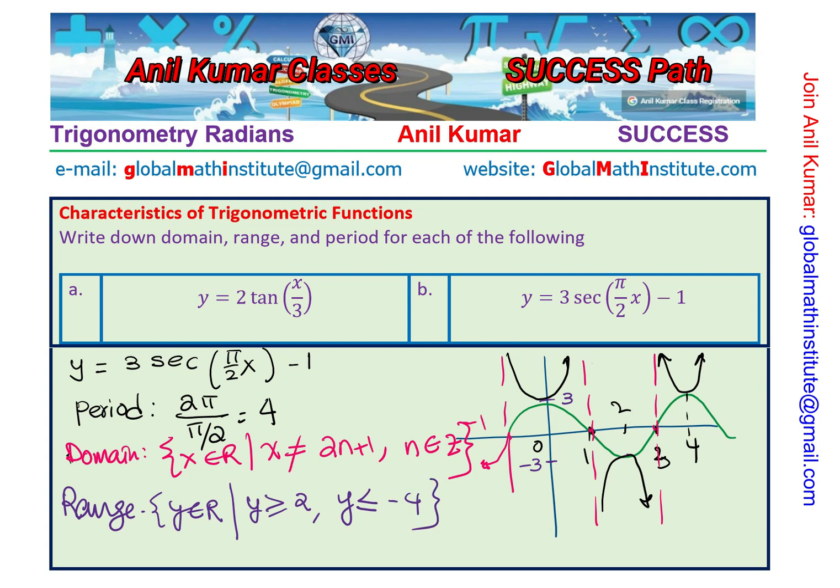So if you translate this 1 unit down, you can see the range: either greater than or equal to 2, or less than or equal to minus 4. So that is how we get the range of this particular function. I hope the concept is absolutely clear.